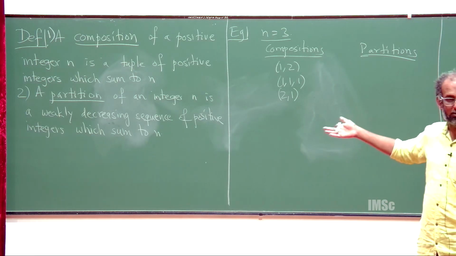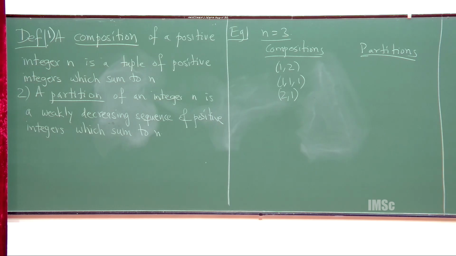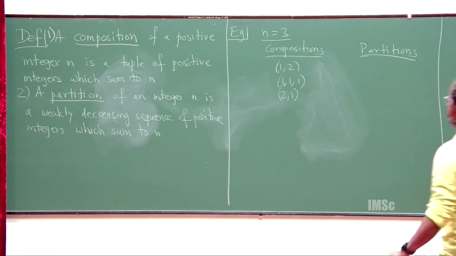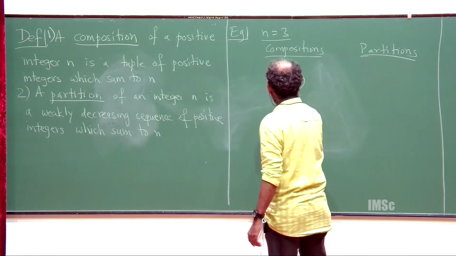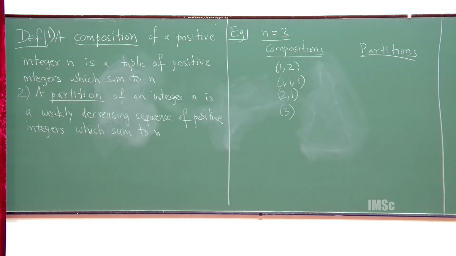So 1, 1, 1 is really 1, 1, 1, not just a single one. Anything else? Good. 3 itself is a composition. That's a silly example, but it's still an example. We should not forget it. Anything else now? Okay, is everybody convinced that we have got all compositions of 3?